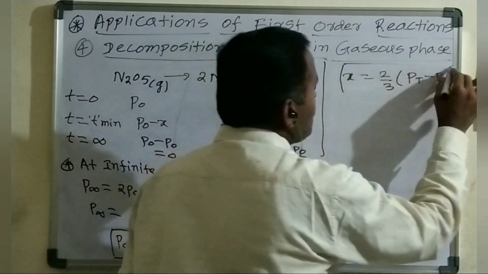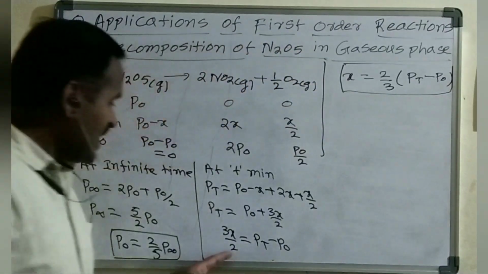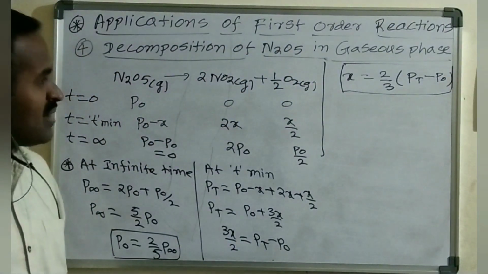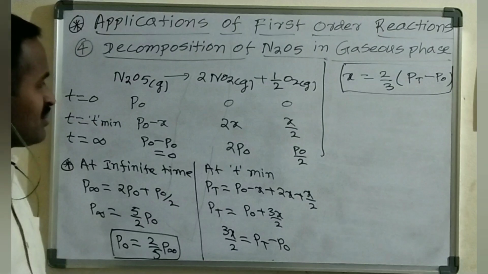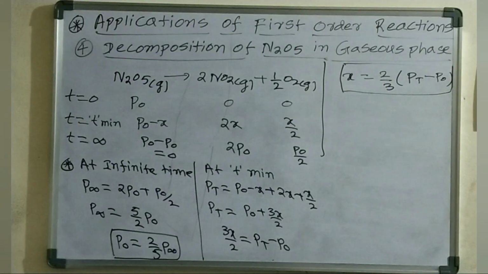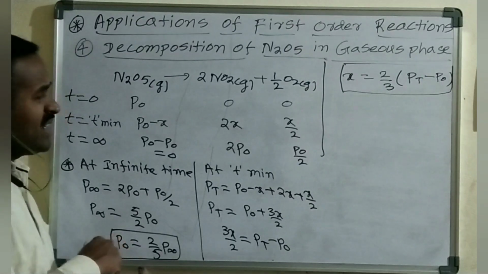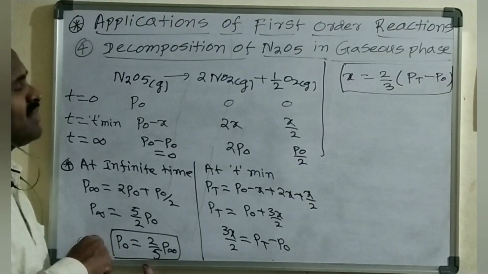So this is a simple one. Here x equals 2 by 3 (P total minus P naught), and from this I can find the rate constant for the first order reaction.